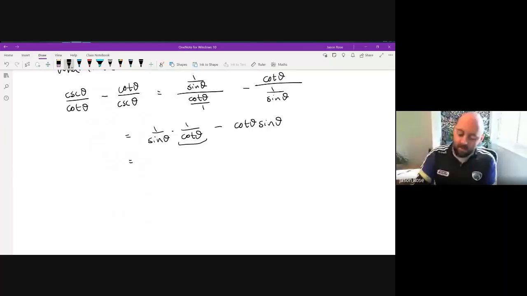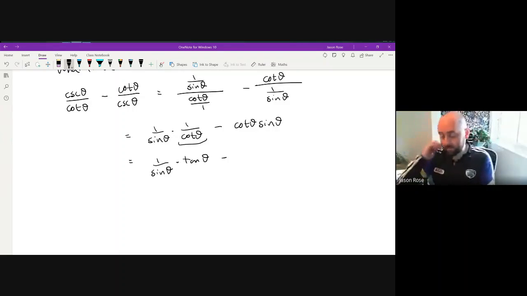This here, 1 over cotan theta, that's equal to tan theta. Cotan theta is 1 over tan theta.